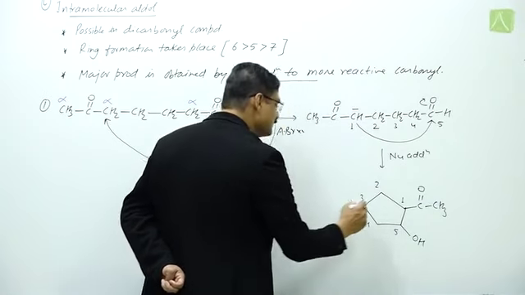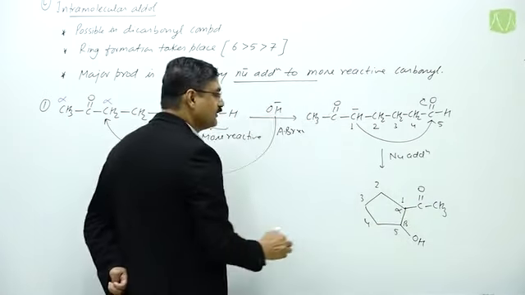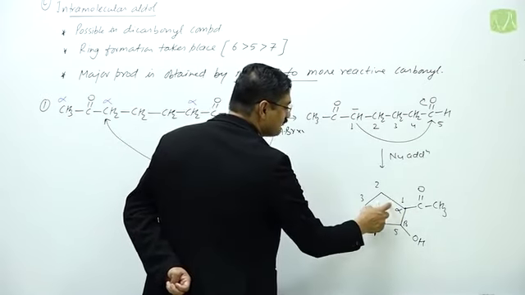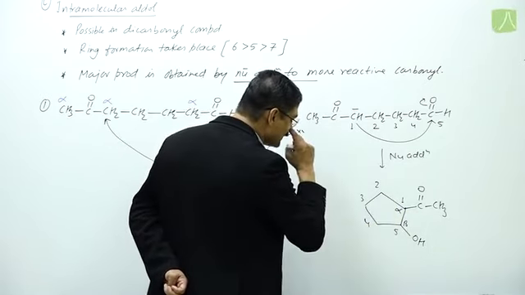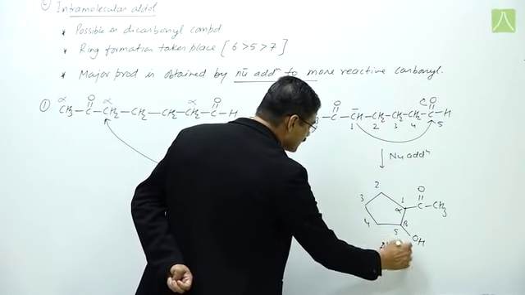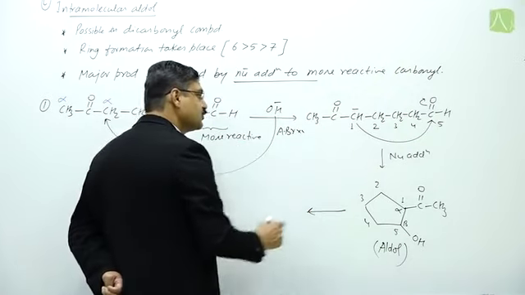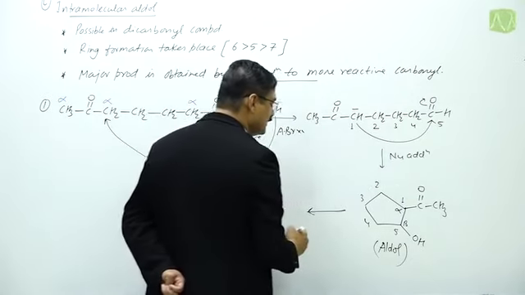So this is again a beta hydroxy carbonyl. With respect to carbonyl, first carbon alpha, second carbon beta. This is known as the aldol product formed by the intramolecular reaction. This is a nucleophilic addition in an intramolecular reaction.